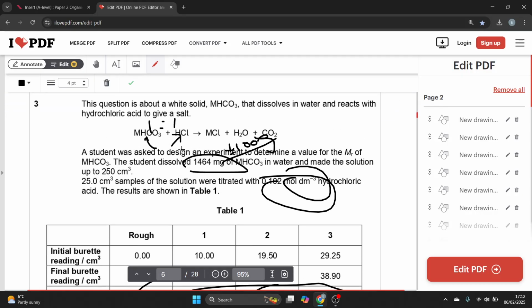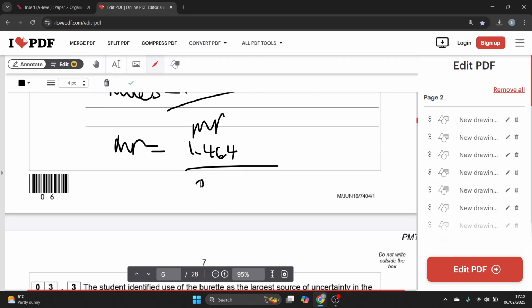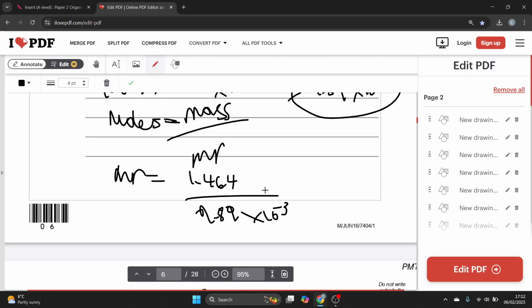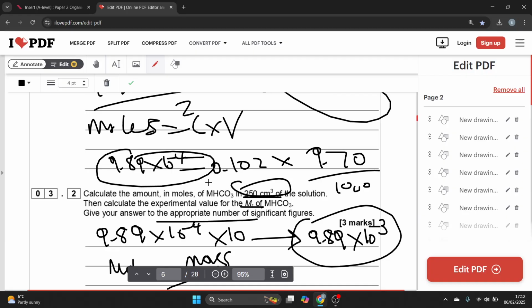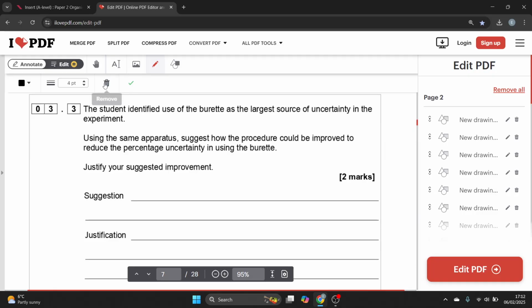So it's going to be 1.464 divided by 9.89 times by 10 to the power minus 3. And in this question, it says appropriate number of significant figures, so give it to the appropriate number of significant figures. 148 as your Mr. Question 3.3.